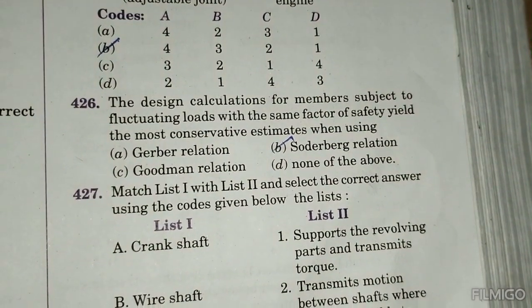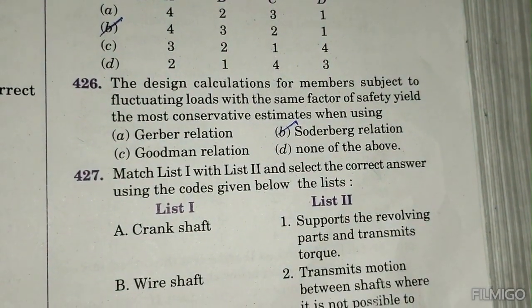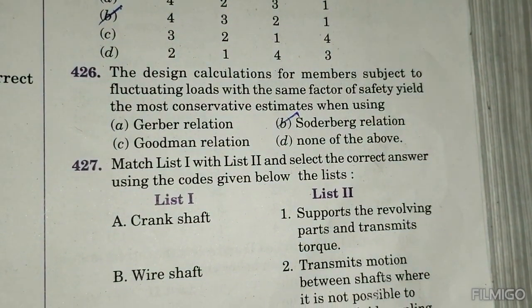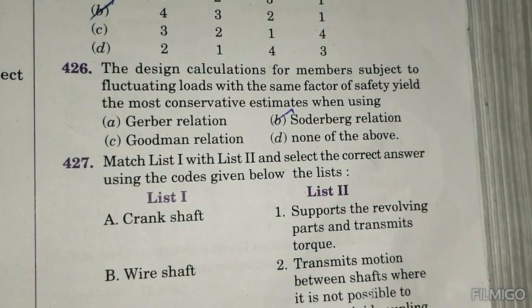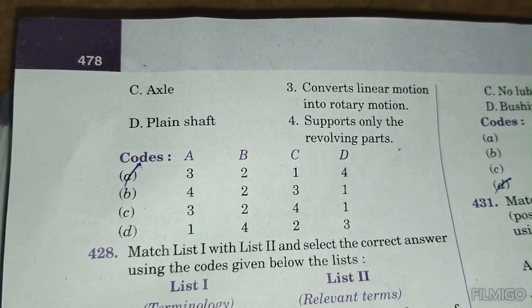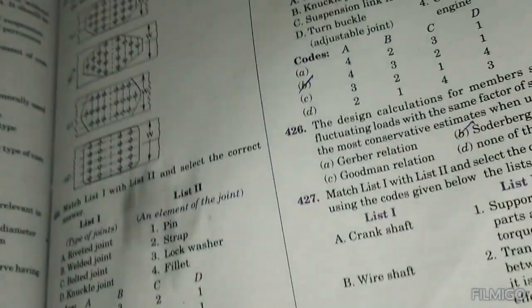The design calculation for members subject to fluctuating loads with the same factor of safety yields the most conservative estimate when using the Soderberg relation. Crankshaft converts linear motion into rotary motion.